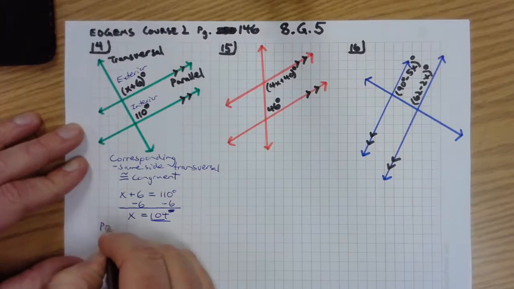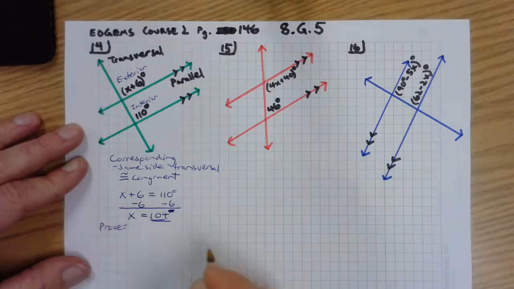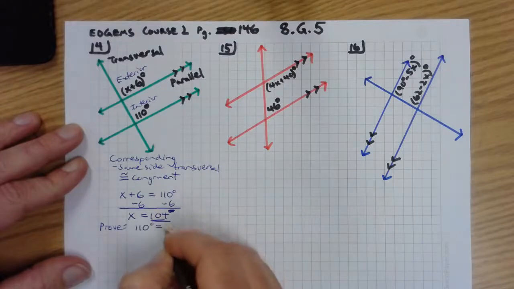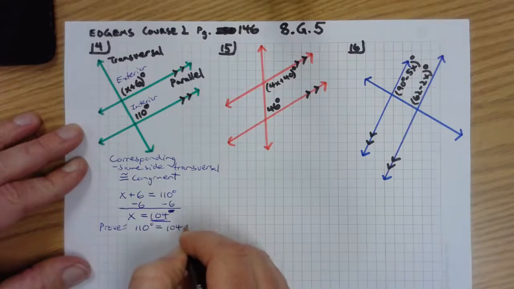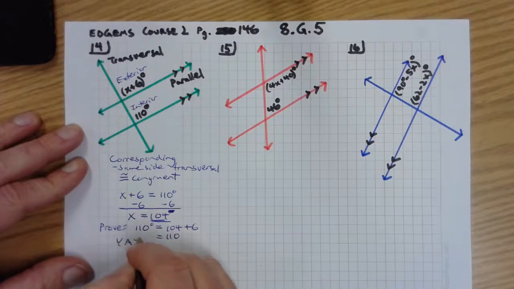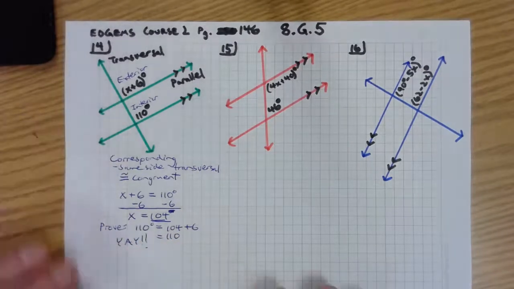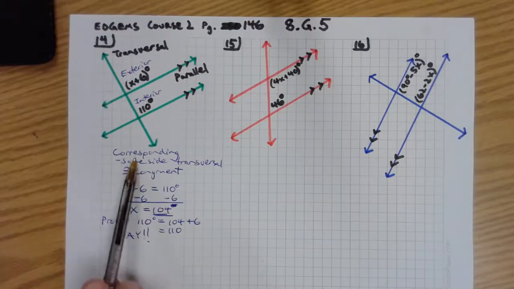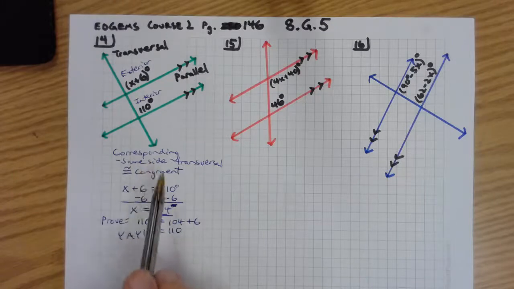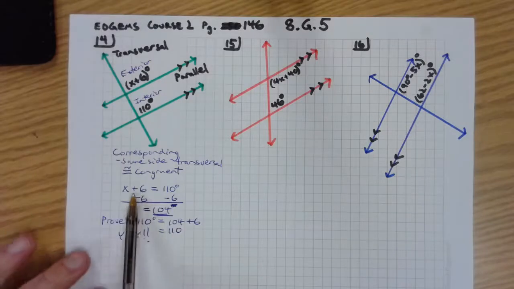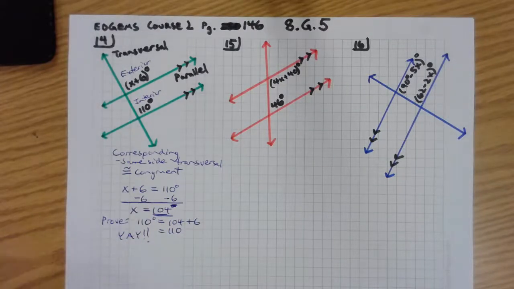And the way we prove it is we take the one side, 110, and we test out the 104 plus 6, which is 110, and we're excited. We may or may not have solved it that way if we did not know what corresponding angles were, and that fact and those features allow us to set them equal to each other and solve what turned out to be a very simple equation.